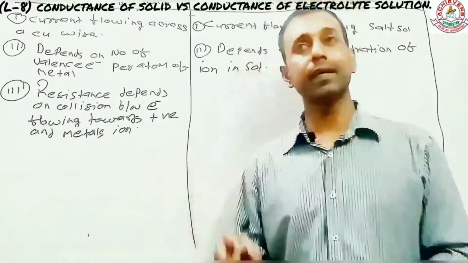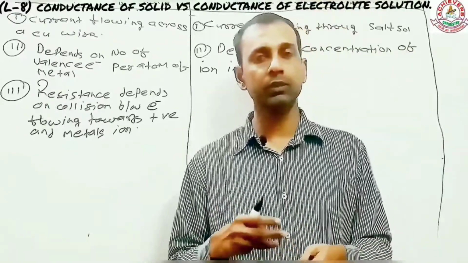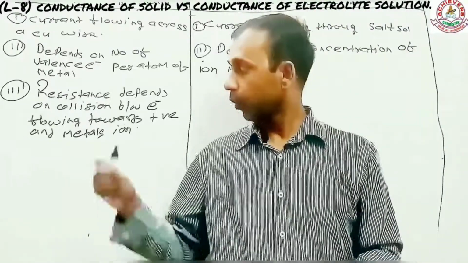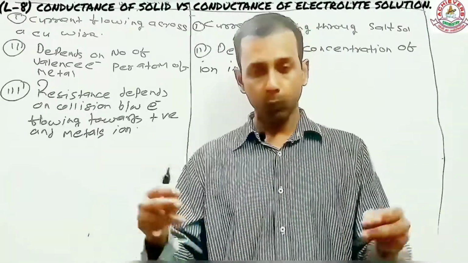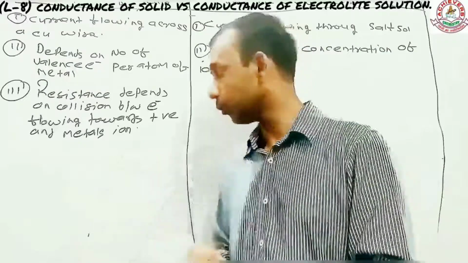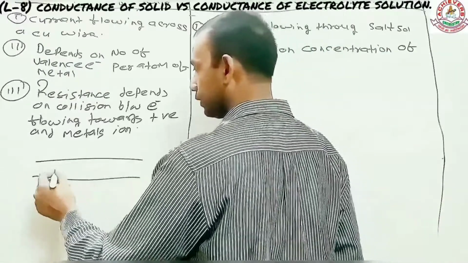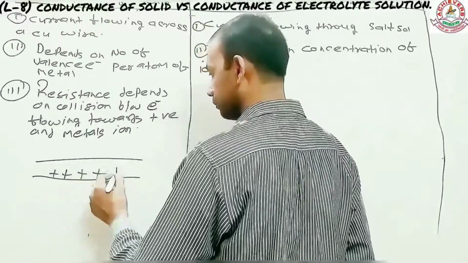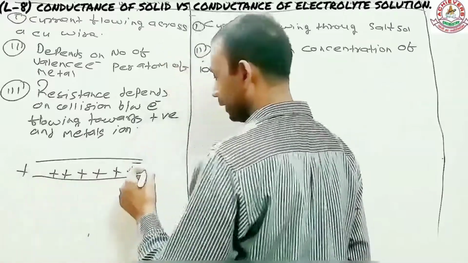So far you have studied that resistance is a natural property of wire, which actually causes obstruction in the path of the flow. But what is the reason of the resistance? You might not know. What happens when the electrons flow? Suppose this is a wire here. There are positive charges here, and there are electrons, positive here net and negative there.